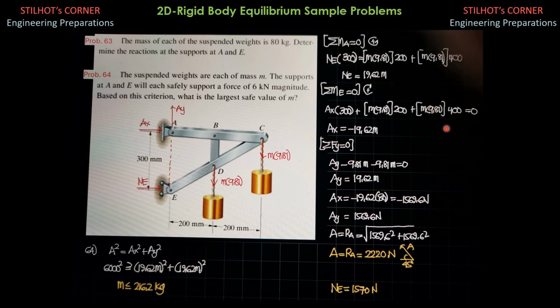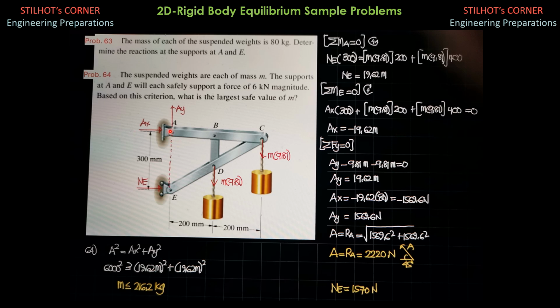Then no more force with moment about E. So solving for AX, it is negative 19.62 m. The meaning of the negative sign is that AX is actually directed leftward. But that remains there because these are external support reactions. The direction will not be changed, but it is negative, remember, it is leftward.